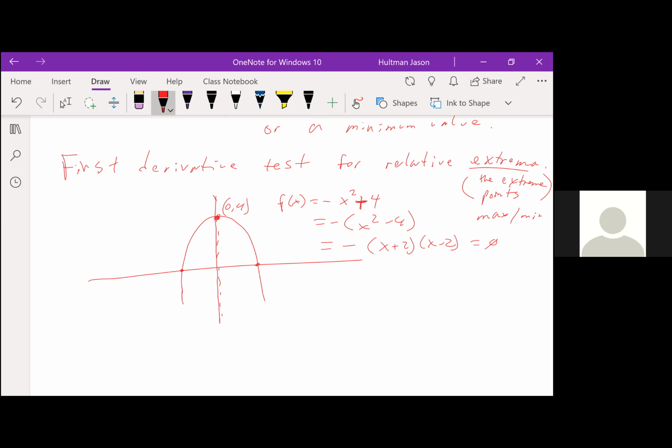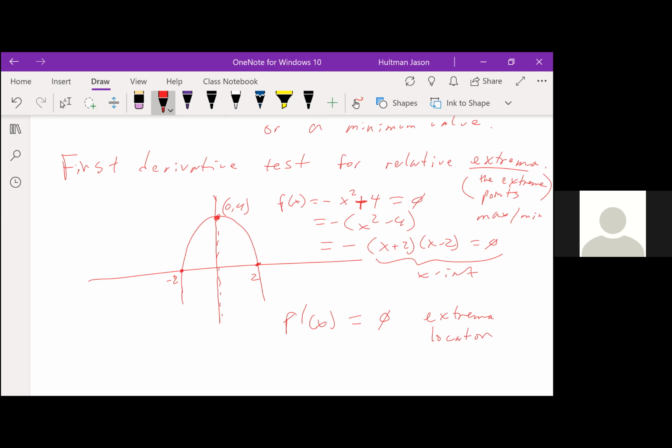So this x-intercept is at negative 2, and this x-intercept is at positive 2. Setting the original function equal to 0 gives me x-intercepts. Setting the derivative equal to 0 gives me my extrema. This is my extrema locator.